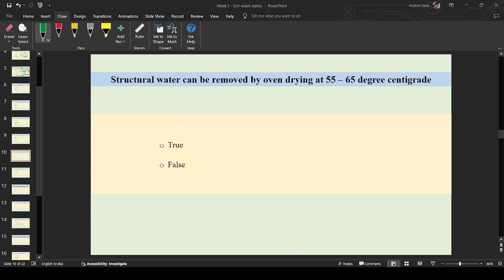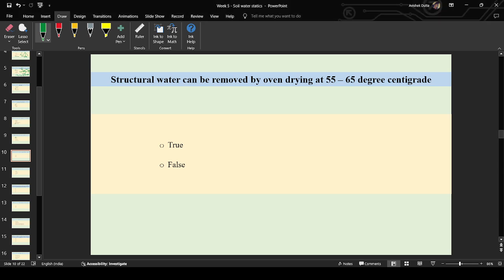Structural water can be removed by oven drying at 55 to 65 degree centigrade. Is this statement true or false? False. Yes. So what is the temperature range we need? Above 105 to 110 degree centigrade?